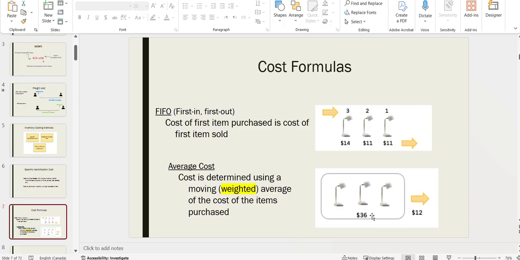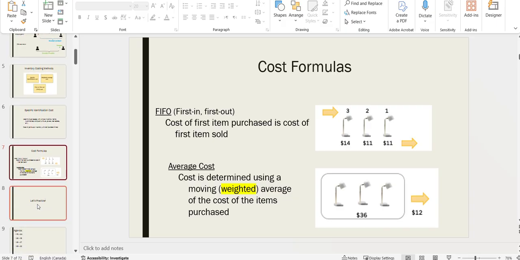So 36 divided by 3 gives you 12. So $12 is used to calculate the cost of goods sold of the item you want to sell. You can see it better in the example.